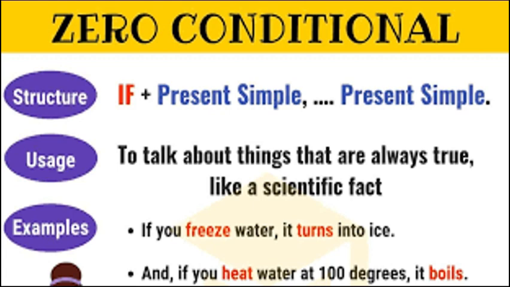These actions are generally possible and typically done. They're normally used in scientific facts and general truths. The formula for this conditional is the following: if plus subject plus simple present, comma, subject plus simple present.